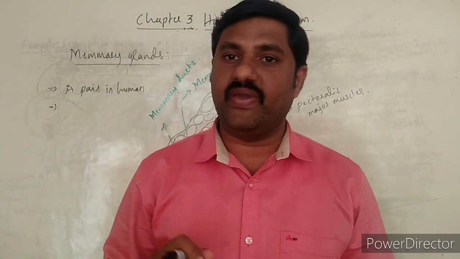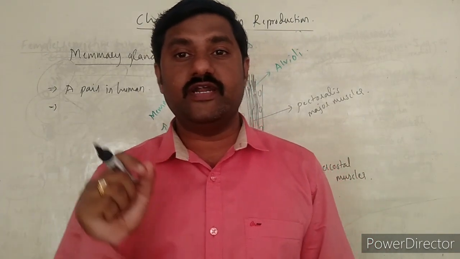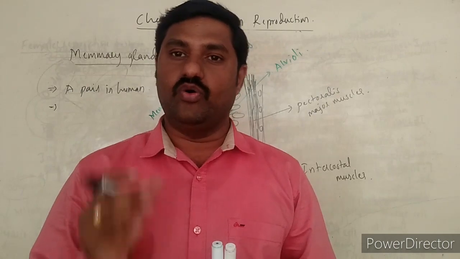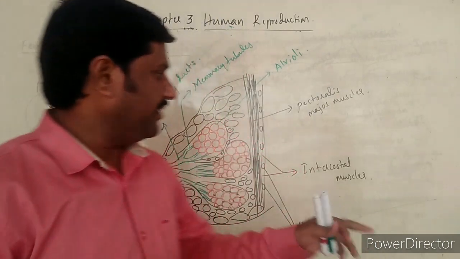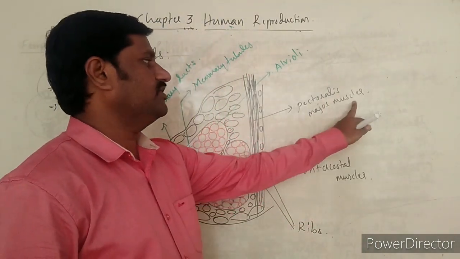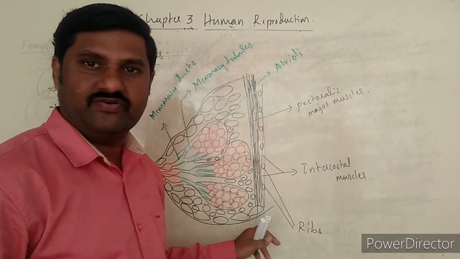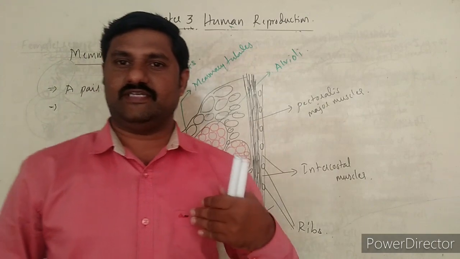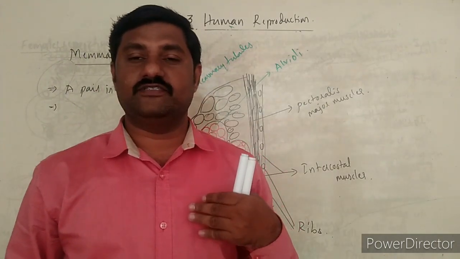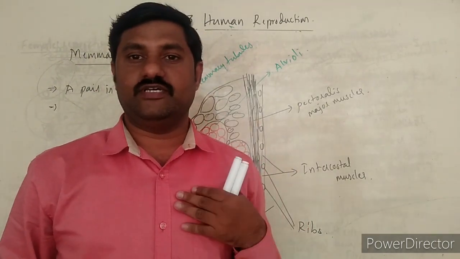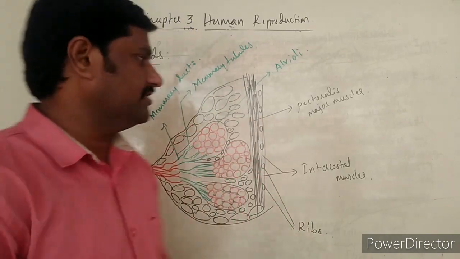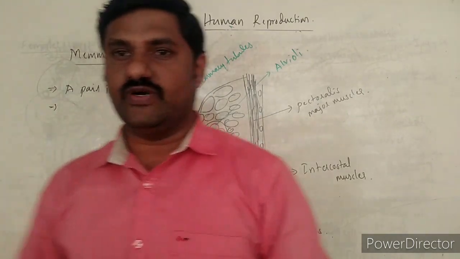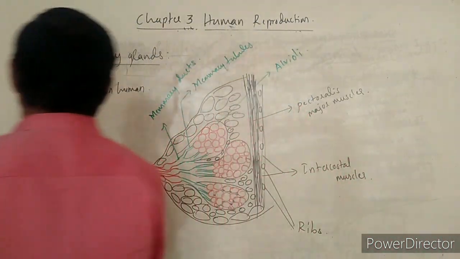These are paired, rounded prominences that are present over the pectoralis major muscles you are finding here, and they are present in front of the chest cavity. You will find a pair of mammary glands here. This is one fact to be remembered.